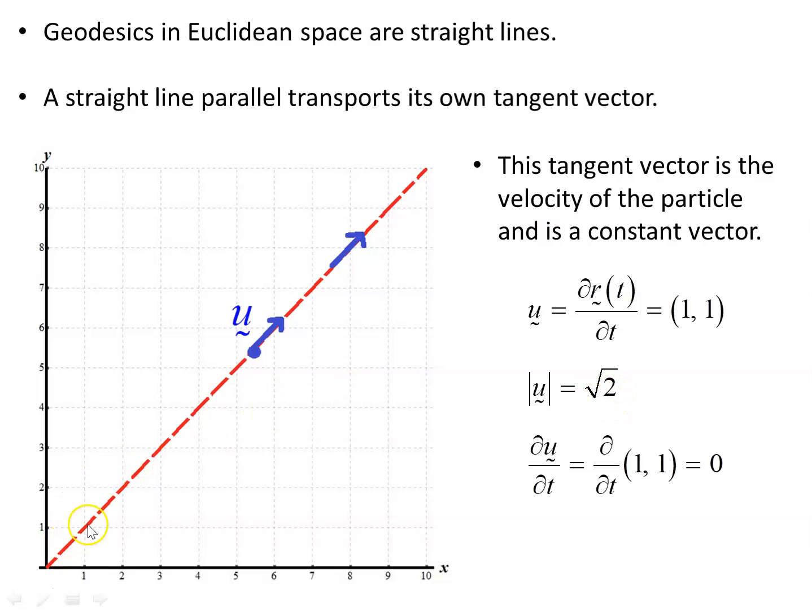So all along its path, it has a constant speed of square root 2 meters per second or units per second, or whatever units of time are being used. du/dt is 0, and we can see that as a kind of condition of parallel transport, because if this tangent vector is being held constant, then its derivative with respect to time will make it 0. So it stays constant over time. As the particle moves along the path with constant speed, no force is acting on it, it's a free particle.